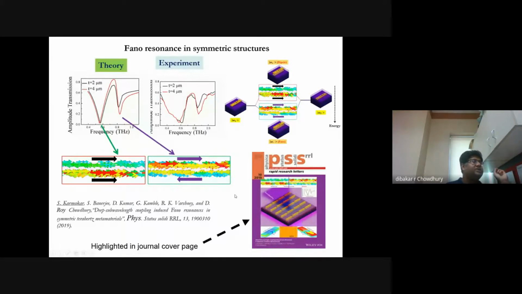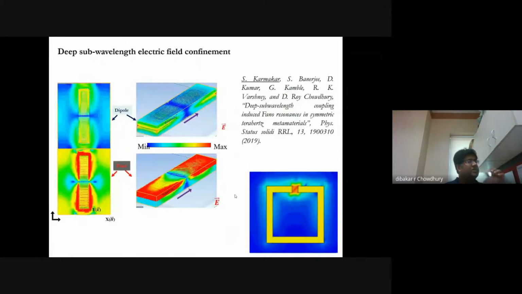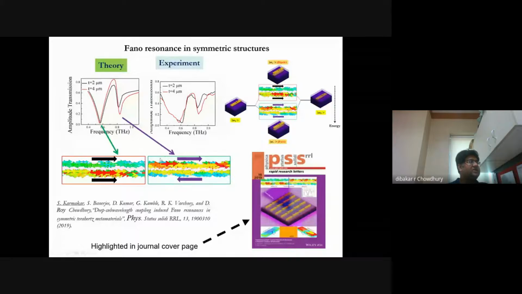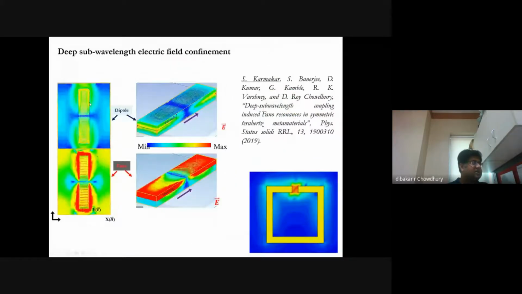So moving ahead with this concept, we further observed that there is very strong field confinement in the polyimide. If we capture the field confinement at the dipole mode and at the Fano mode, that means here and here, we observe that in the dipole mode the field confinement is not that strong.